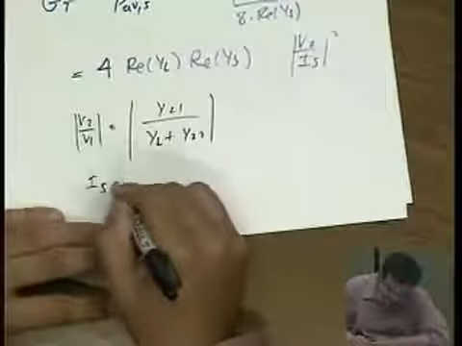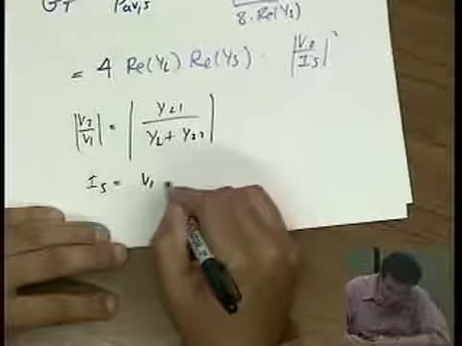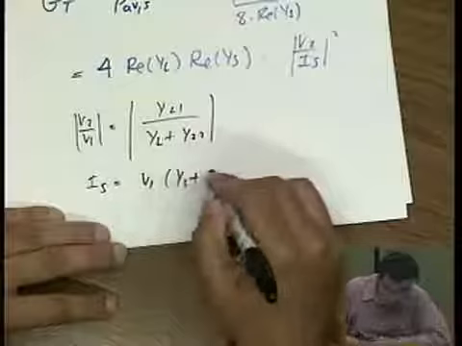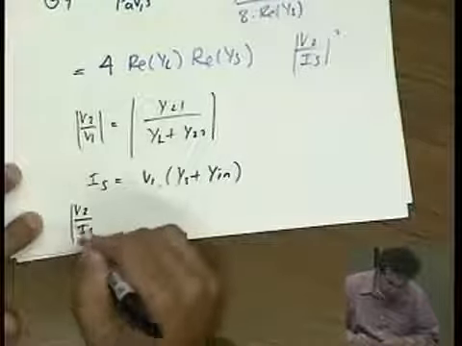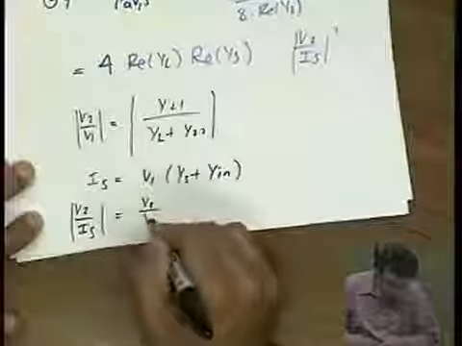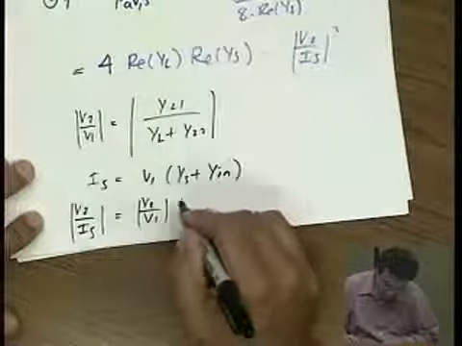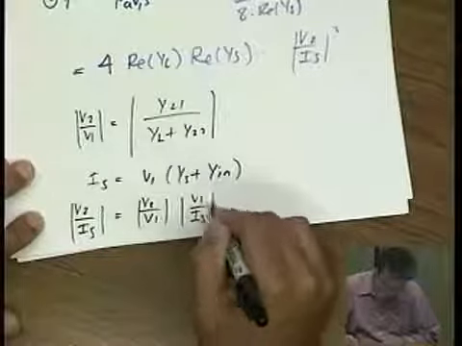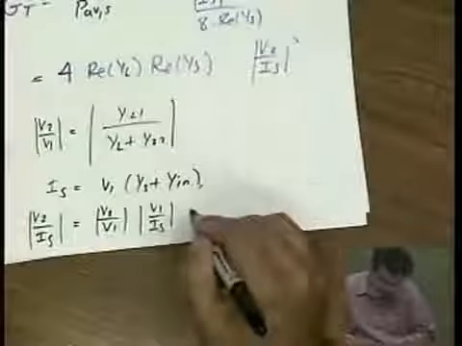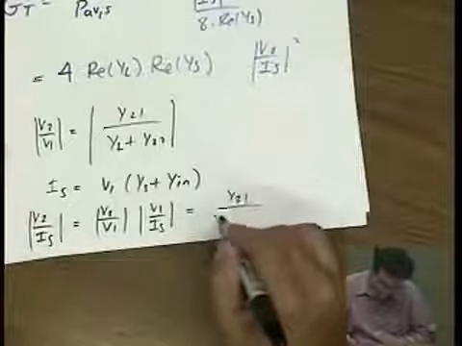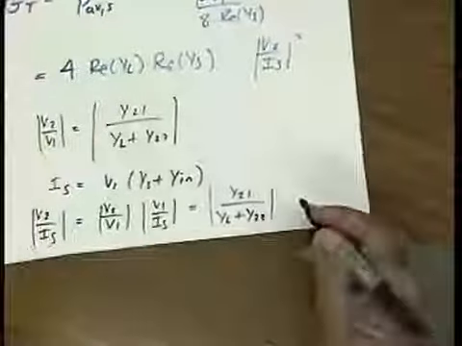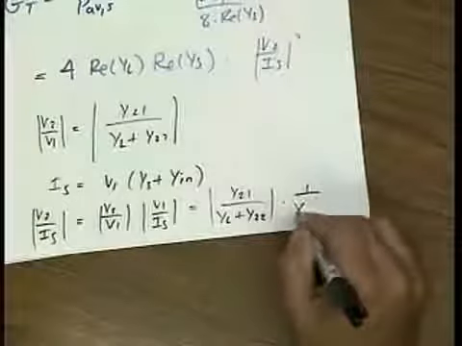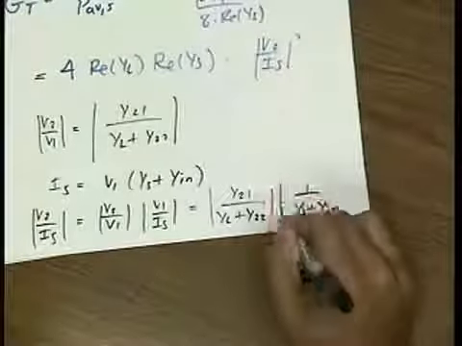And I know that IS is basically V1 times YS plus Yin in general. So I could write V2 over IS as V2 over V1 times V1 over IS. And that's going to give me Y21 over YL plus Y22. And V1 over IS is simply 1 over YS plus Yin.